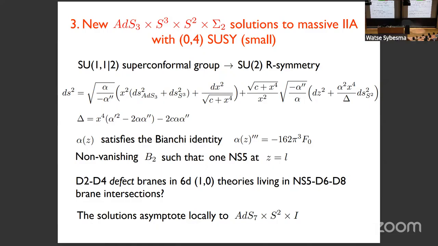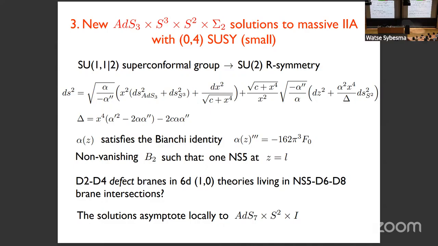This is an example in which asymptotically you have the higher dimensional AdS space, and there are corrections coming from the fluxes associated to the branes that were not present in the higher dimensional AdS7 solution, which in this case is not the V2. The V2 was already present.